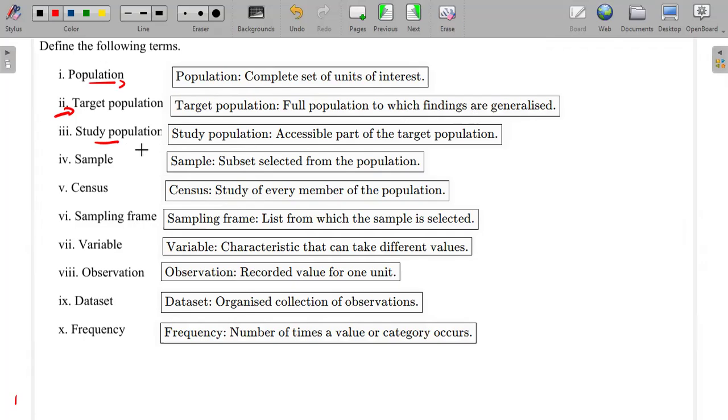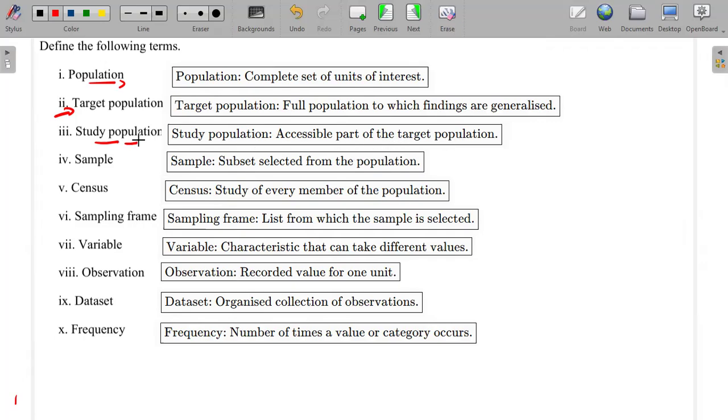And then we also have what we call the study population. You want to know how to define the study population. So a study population is simply the accessible part of the target population from which the participants can practically be selected. In an easy definition, you can just say the accessible part of the target population.